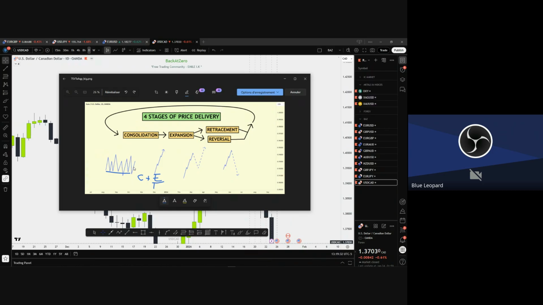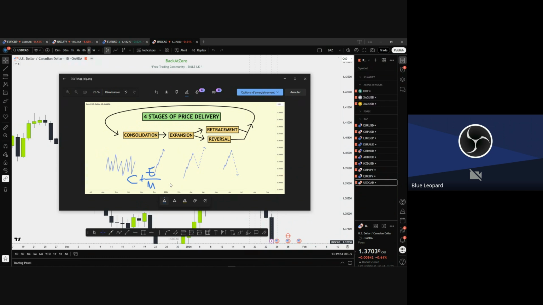Or it can consolidate and then manipulate and expand. Okay? So when you know that, now you have your phases. Always look to trade after a consolidation. It's the best time to take a trade. But what will give you the sign? It will be a manipulation, and then you can take your expansion.